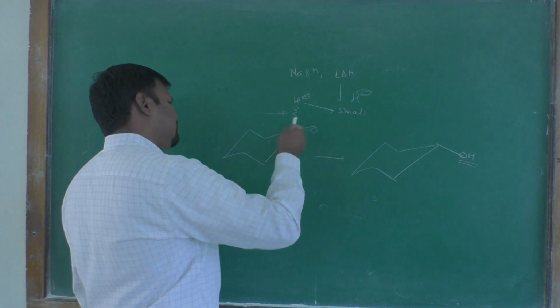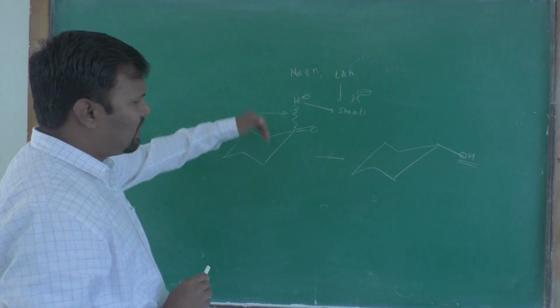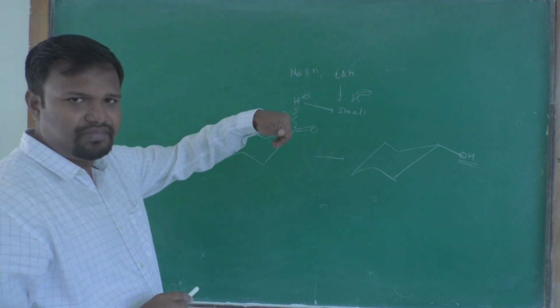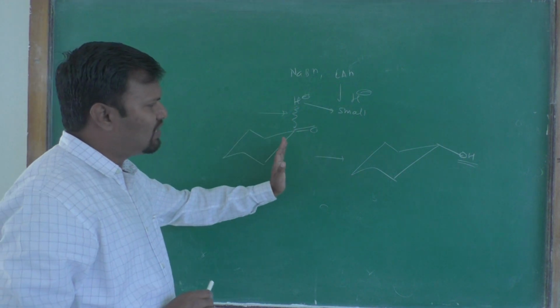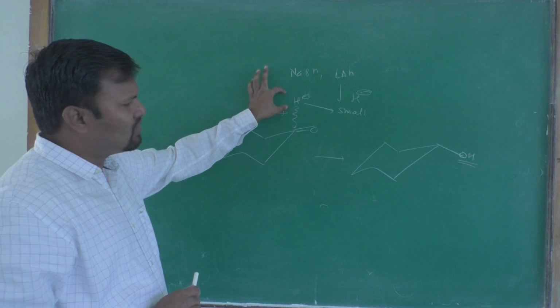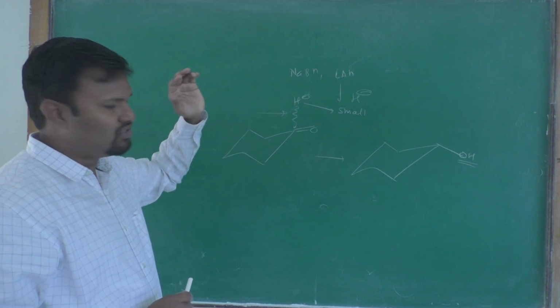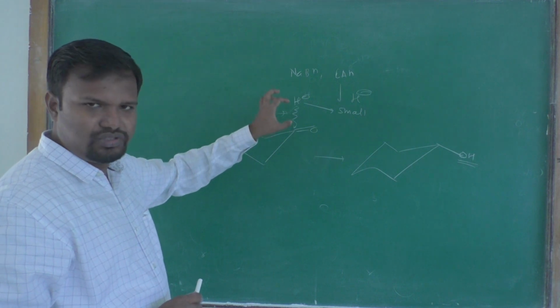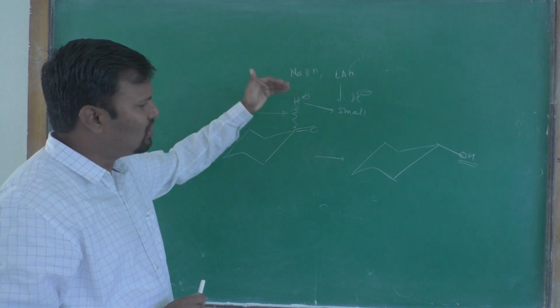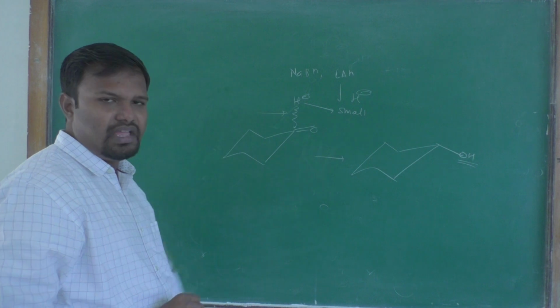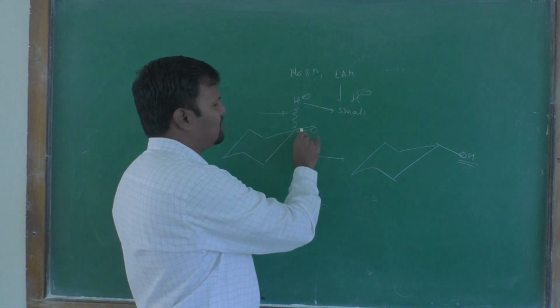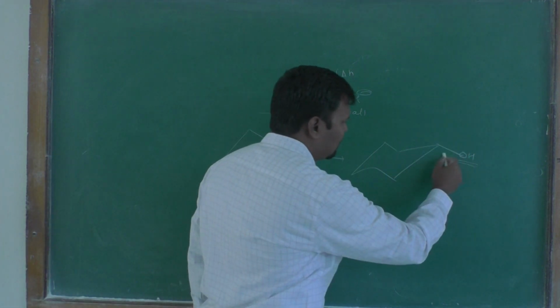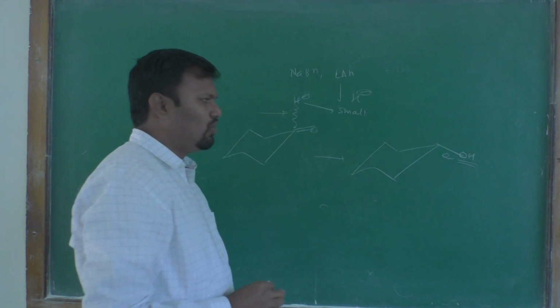Because of its small size, there is no steric hindrance or crowded situation, so it prefers the axial position. Due to that, it is converted to OH and goes to the equatorial position.